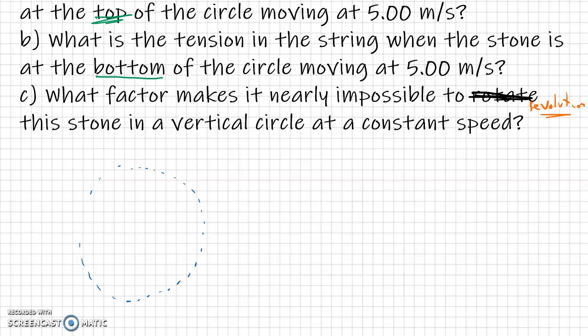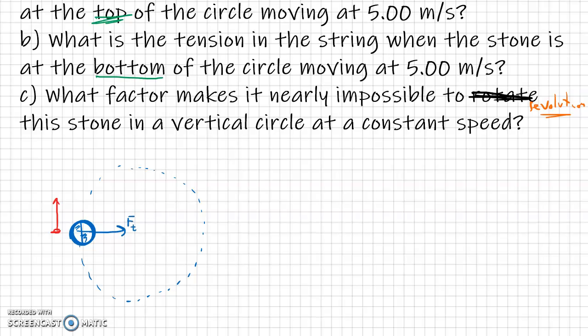So let's actually talk about the terrible drawing that I can draw of a circle. But let's look at this point right here, and let's talk about the forces that act on it. And let's say it's going around the same direction, and so therefore it has this velocity here. Well, there would be a tension force. Let me get my blue marker. There's going to be a tension force pulling it inwards.